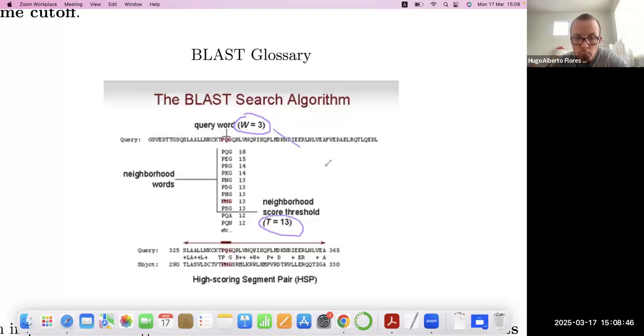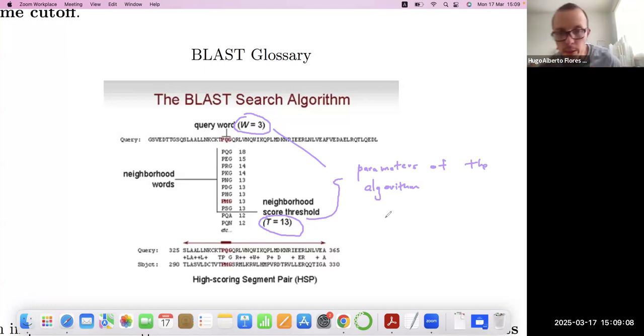Those are parameters of the algorithm. So how do we expect results if we change the parameters? Of course, we can have some different results in our search.